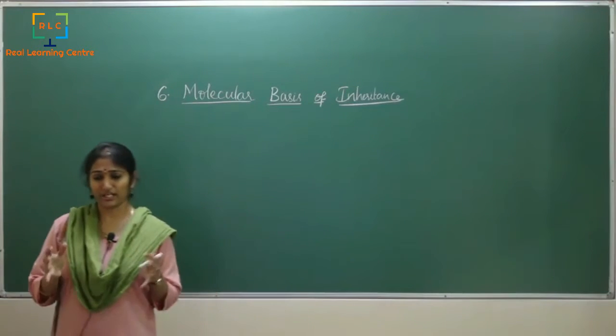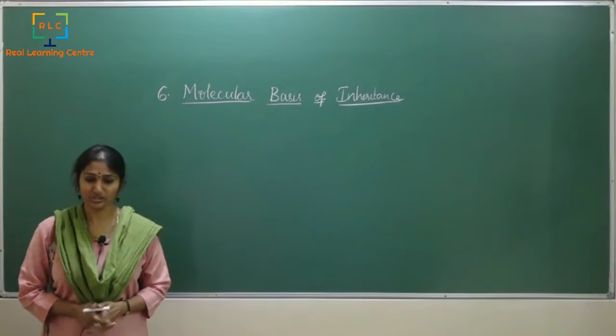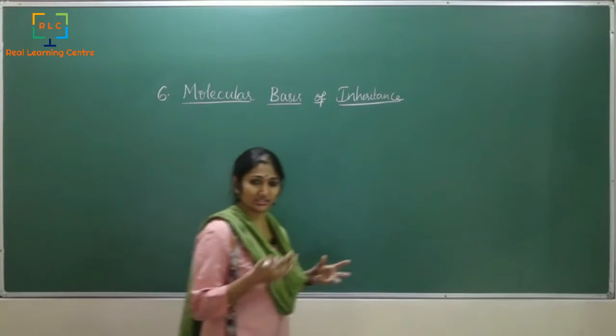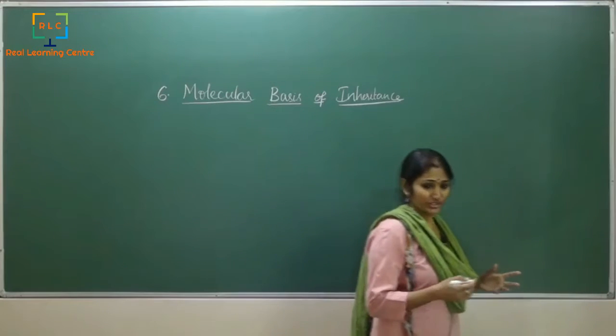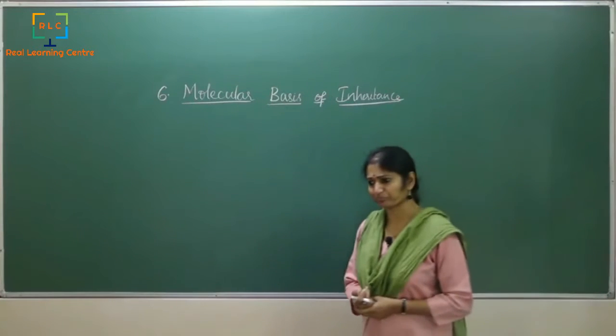Now, if that is what we know, the next part that we would really like to know is what exactly this gene is. We know that there is this gene, the DNA, that is present in the gametes, whether it is the egg or the sperm.